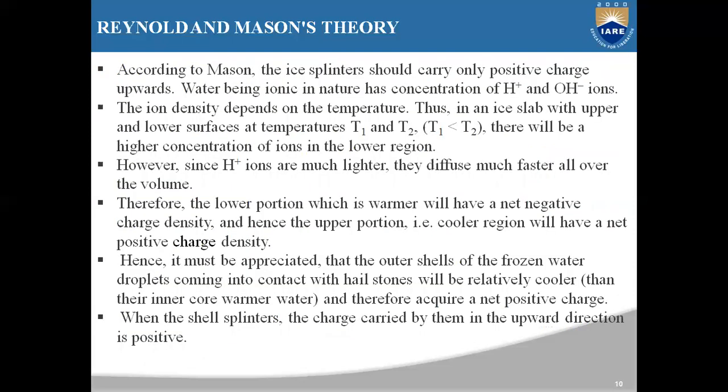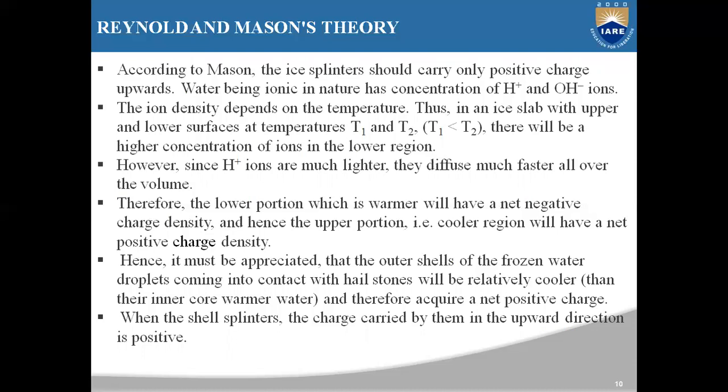So according to Mason, the ice splinters should carry only positive charge upwards. The water, being ionic in nature, has a concentration of H plus as well as OH minus ions. So the ion density depends upon the temperature. Thus, in an ice slab with upper and lower surfaces at temperatures T1 and T2, where T1 is less than T2, there will be a higher concentration of ions in the lower region of the cloud.